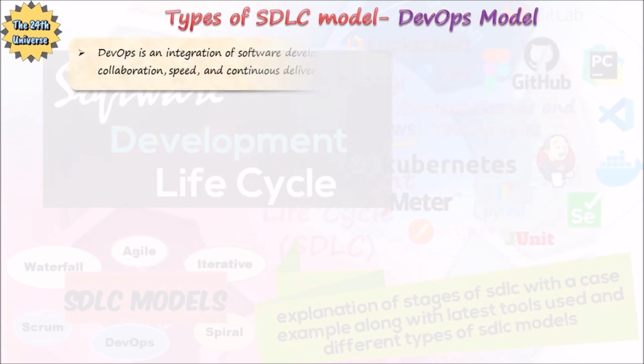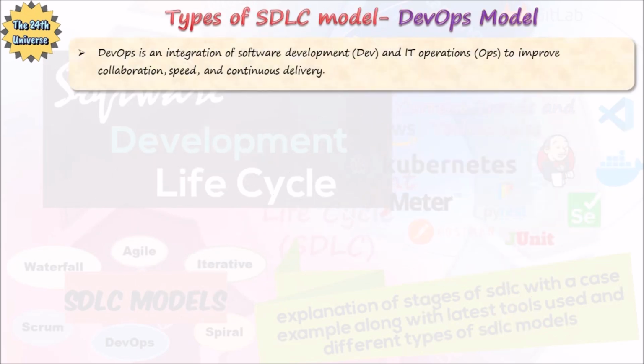Next is DevOps. While not a traditional SDLC model, DevOps is an integration of software development, Dev, and IT operations, Ops, to improve collaboration, speed, and continuous delivery. We can say that the development and operations are the two sides of the coin.